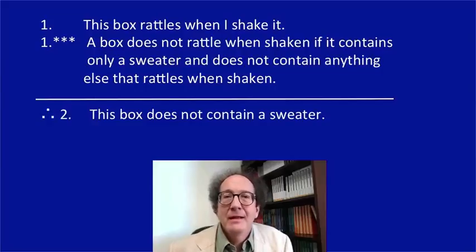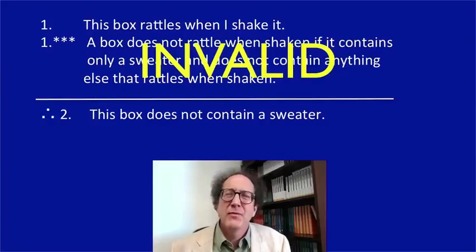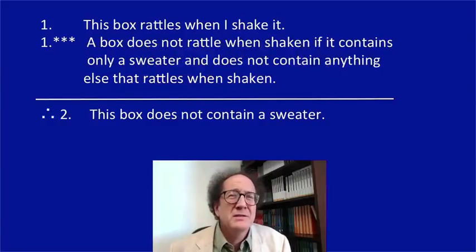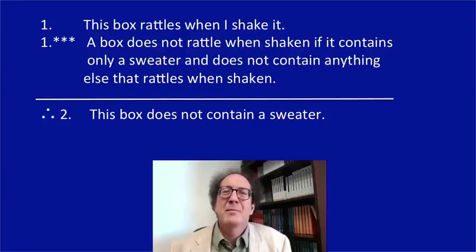Is that valid? Well, no, for the same reason we saw before, because my wife might be a trickster who puts rocks around my sweater in the birthday present box in order to fool me. Then the premises can be true and the conclusion false.